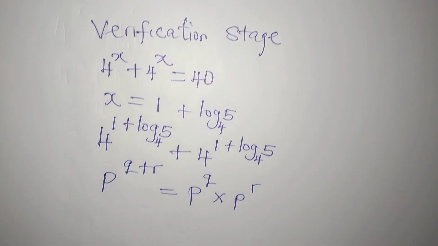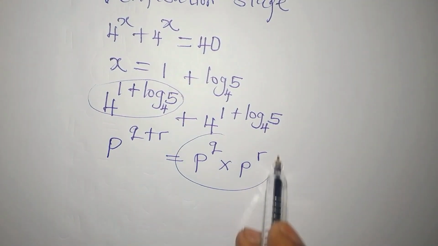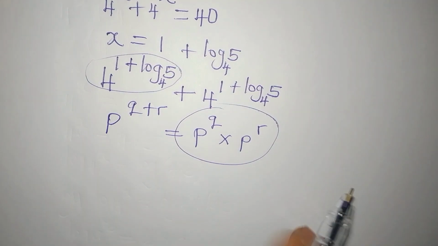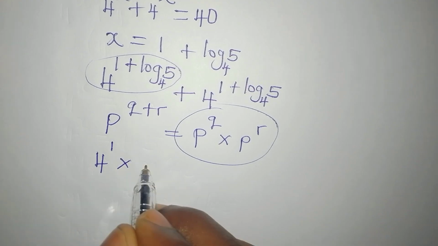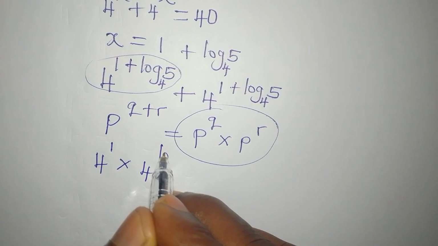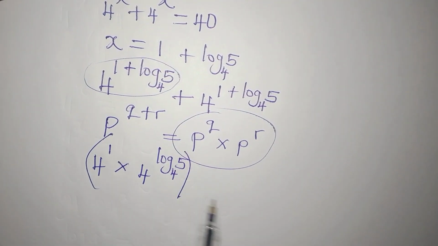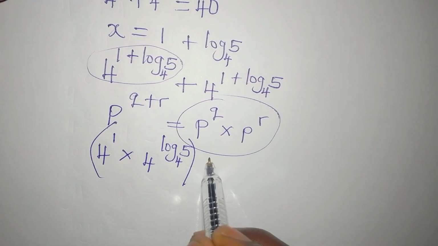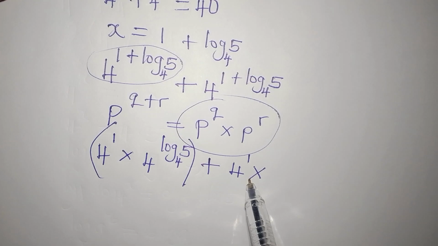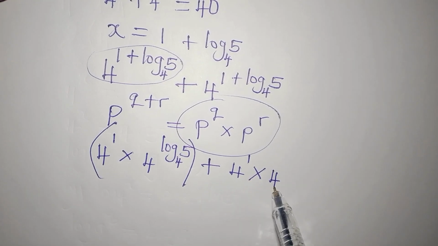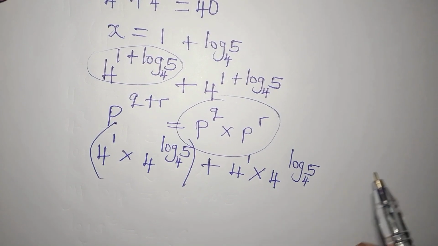So if this is the case, we can express this in this form, so that we will now have 4 to the power of 1 multiplied by 4 to the power of log 5 to base 4. Remember, we are supposed to have this in two places. Plus 4 again to the power of 1 multiplied by the same 4 to the power of log 5 to base 4.